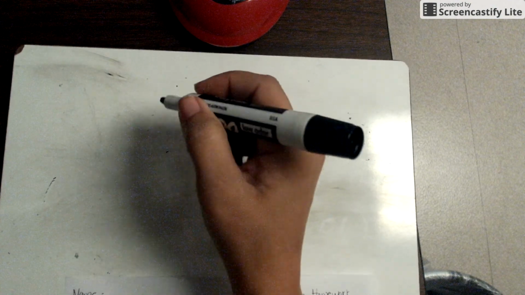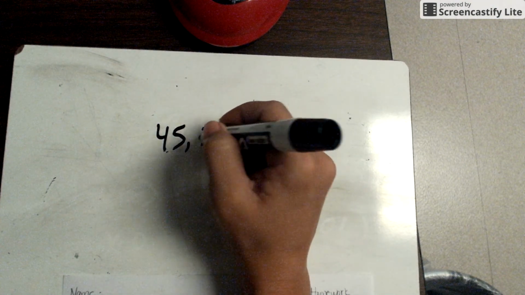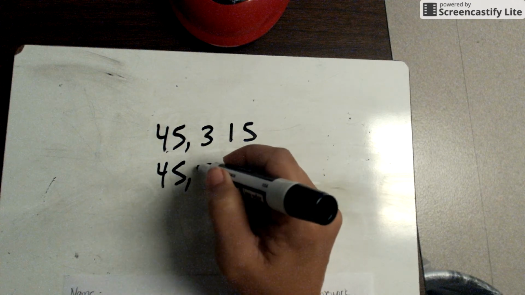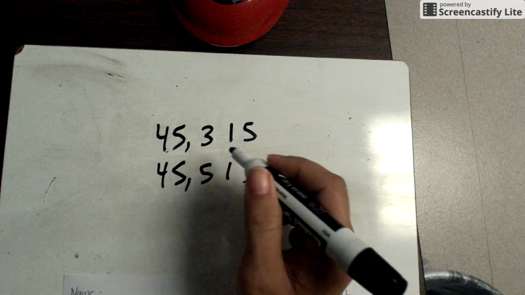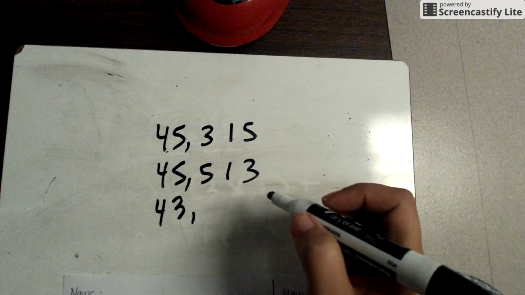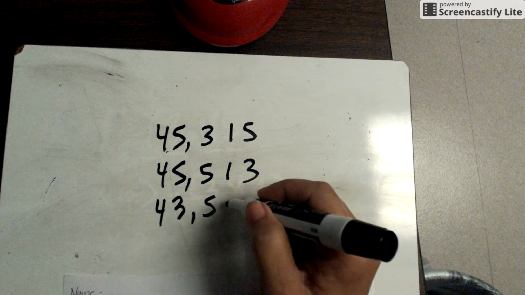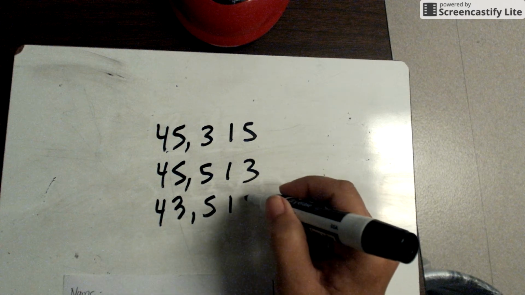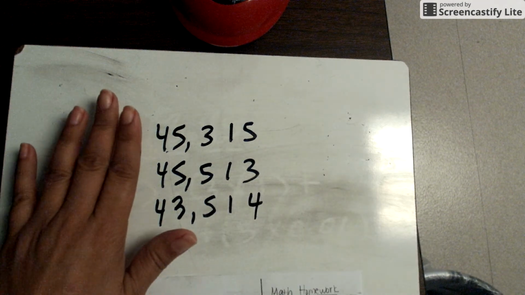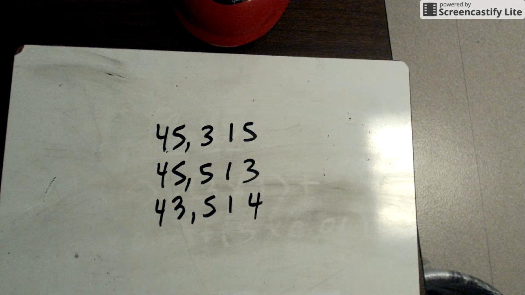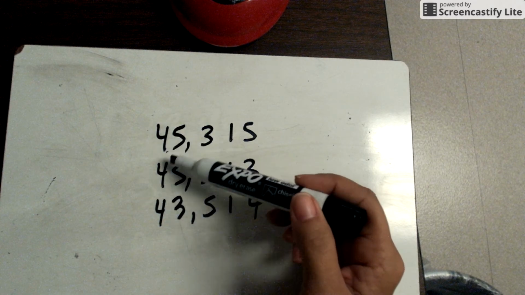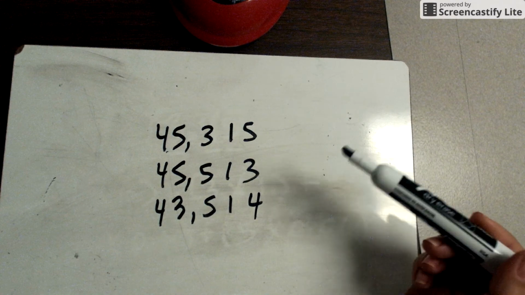So if I were to have, for example, the number 45,315, and I had 45,513, and let's say I had 43,500, the way I would order these would be to look, starting at the left-hand side in the largest place value position, go digit by digit comparing each number.